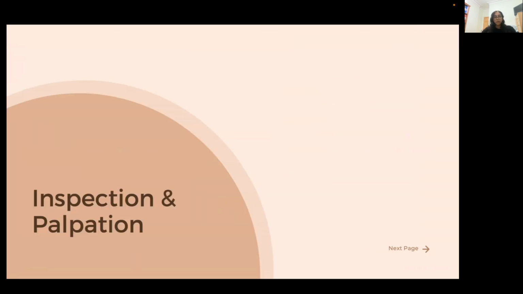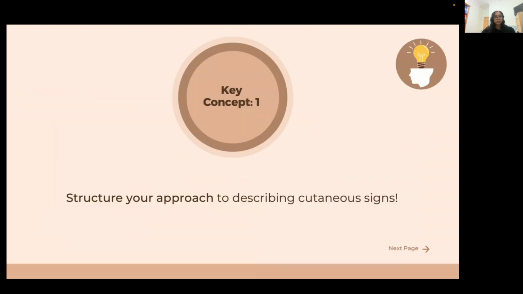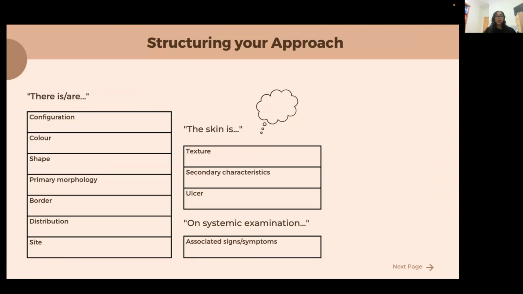So starting off with inspection and palpation. It's important that we use a structure to describing cutaneous signs to make sure that we're not missing any key terminology. So the way that I like to structure my approach is using this framework.